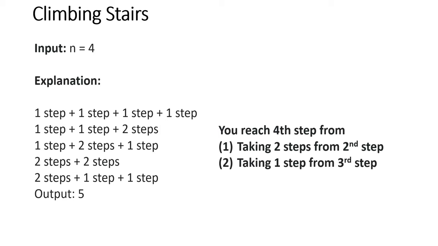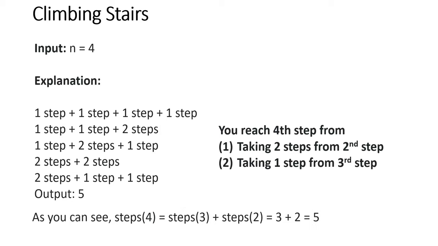Now when you look at it, there are 2 ways to reach the 4th step. Either from the 2nd step, you can take 2 steps, or from the 3rd step, you can take 1 step. So this is the clue here. So if you take the number of ways you can reach the 2nd step, and the number of ways you can reach the 3rd step, you add them together, that's your answer.